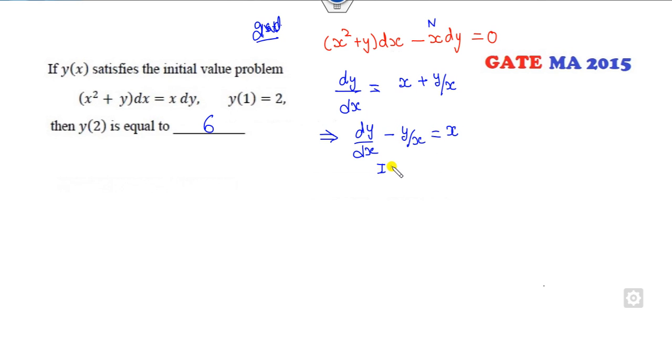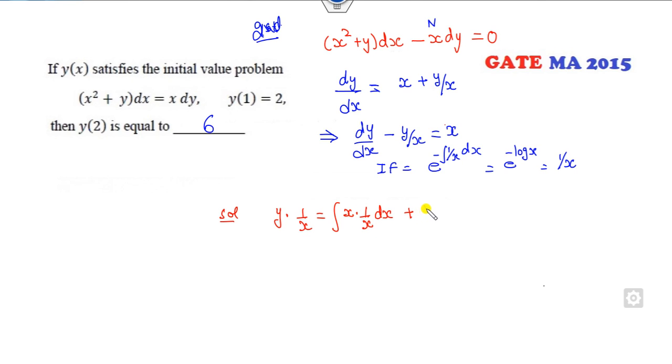So my integrating factor is e raised to power integral of P dx. P is 1 over x. So this is e raised to power minus log x, that is 1 over x. So my solution will be y into integrating factor, integration of right hand side into integrating factor plus c. So what is that? It's x plus c.